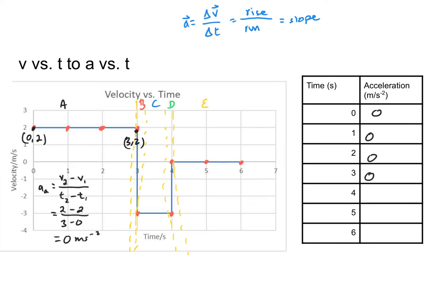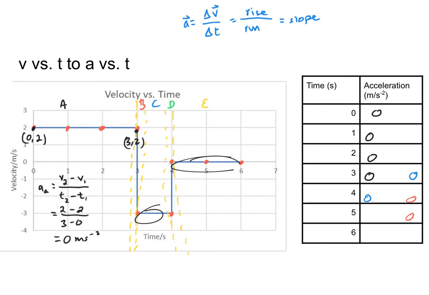In fact, every time I have a horizontal line, I know that that is a slope of 0. So for C and for E, I can write 0 as well. C is 3 to 4 seconds, and E is going to be 4 to 6 seconds.